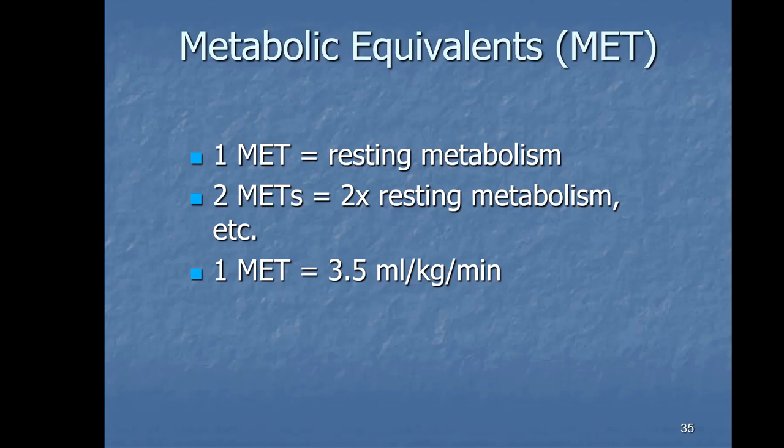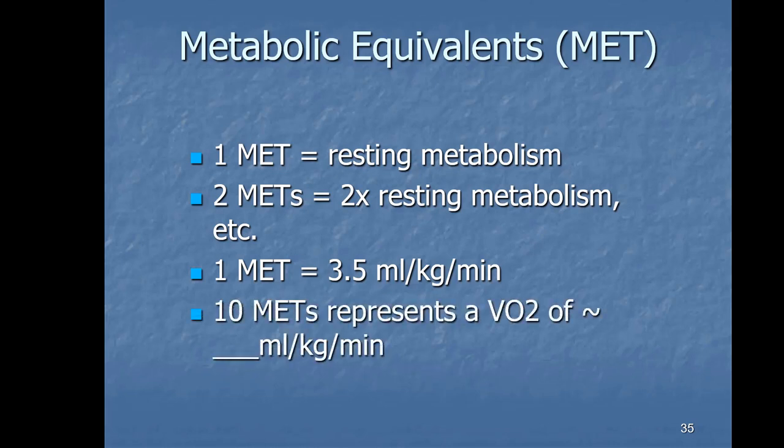So this is the understood default resting metabolism. 1 MET, 3.5 milliliters per kilogram per minute. In reality, it might be 3.2. It might be 2.5. But 3.5 is a good estimate that we tend to go with. So 10 METs, if we wanted to estimate VO2, would be a VO2 of approximately 35. Just multiply 10 by 3.5.